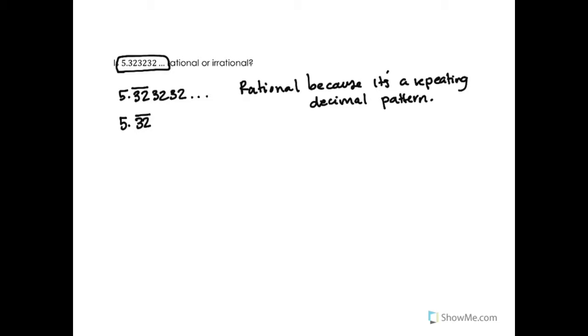Well, the best thing that you can do is to always use your calculator to double check whether you can turn this number into a fraction or not. That is the best way to tell whether a number is rational or irrational. If you can't tell by looking at the decimals, if you can't tell by looking at the patterns, then you must always use your calculator to make sure that you know whether that number can be written as a fraction or not.